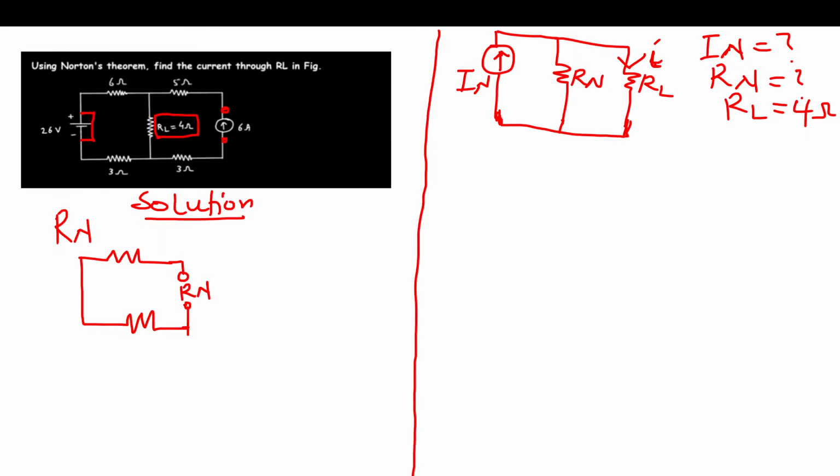So that is where you are going to stand and then find the total resistance. And then everything else remains intact. But because there's a current source here, I'm going to open circuit the current source. So this is how it's going to look like.